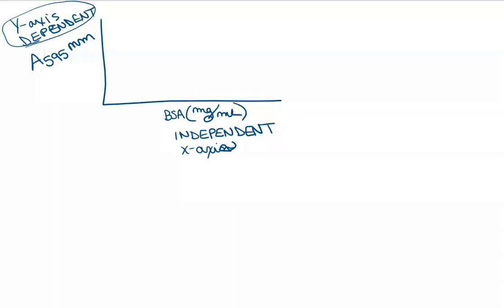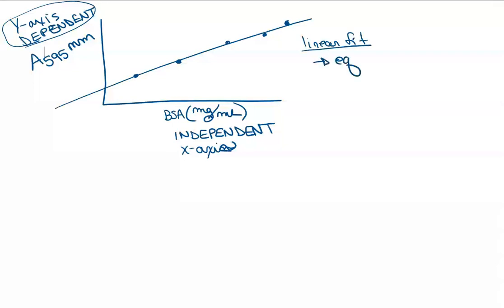When you plot your data, you will get a series of points that look something like this, and you will do a linear fit of your data in Excel, and please report the equation on the graph and also the r² value on the graph.